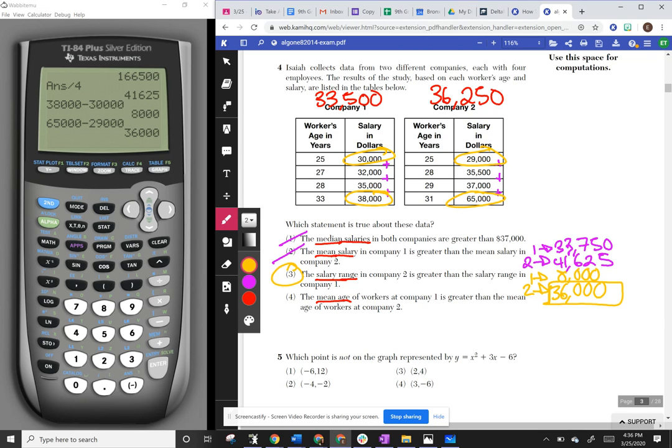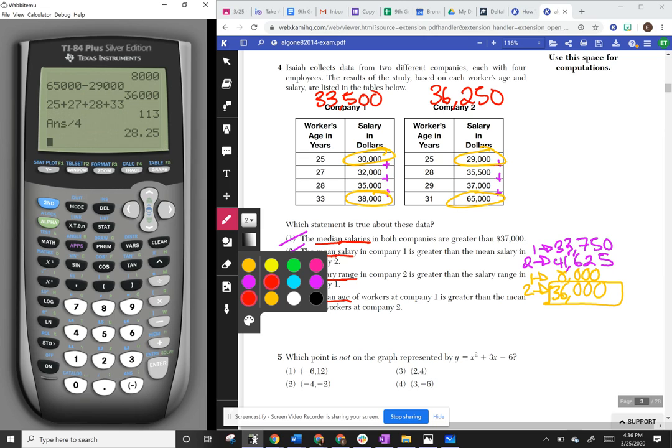And by this point, since we're so close, I like to just check my answer for the last one anyway. So I'm going to go ahead and find the mean of both of these, the ages this time. So 25 plus 27 plus 28 plus 33 divided by 4.